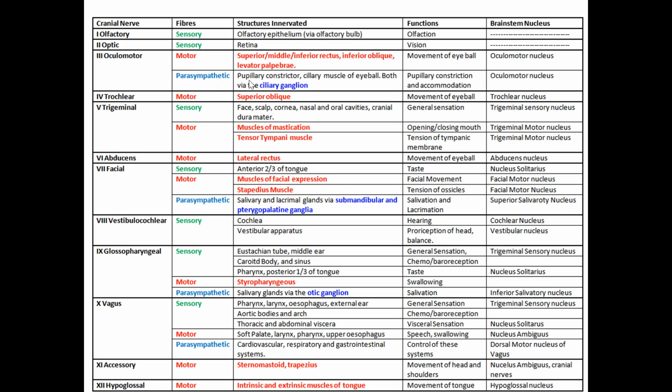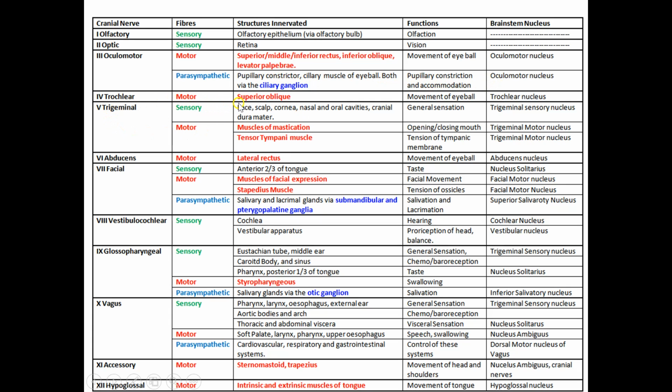Parasympathetic fibers associated with the oculomotor nerve, you must know. They innervate the pupillary constrictor muscles and ciliary muscles of the eyeball, which are intrinsic eye muscles. These are extrinsic eye muscle movements associated with the extraocular muscles, and they have motor supply from the oculomotor nerve, while intrinsic pupillary muscles are supplied by parasympathetic fibers in the oculomotor nerve, and their function is pupillary constriction and accommodation.